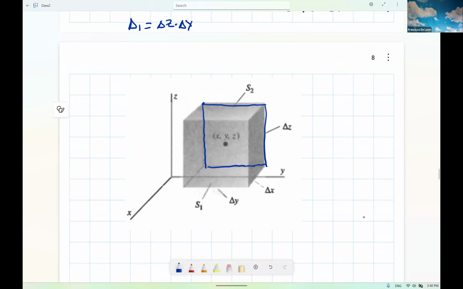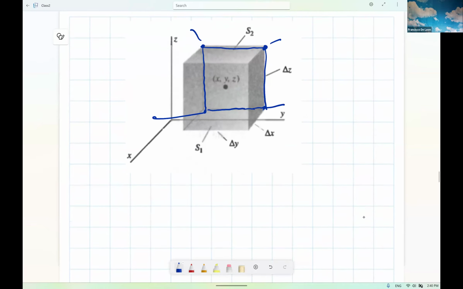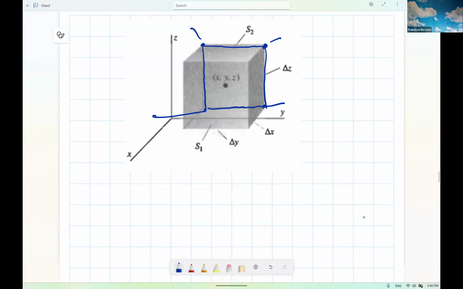The far face. So not the front face, the far face. I can go again and look at the coordinates of that thing, and do the integral again. And what I'm going to get really is that the integral over area 2, which I'm going to call area 2, the integral over area 2.